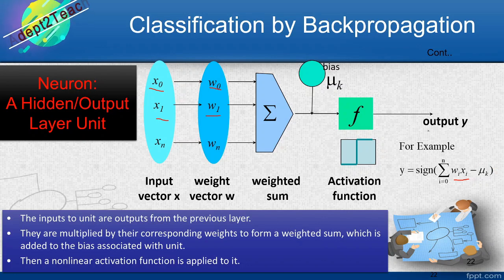Now this output, that is your actual output, is matched with your targeted output or your expected output. If there is a big difference, then you will go back, readjust this bias value, readjust these weights, recompute the activation function, and again obtain an output.